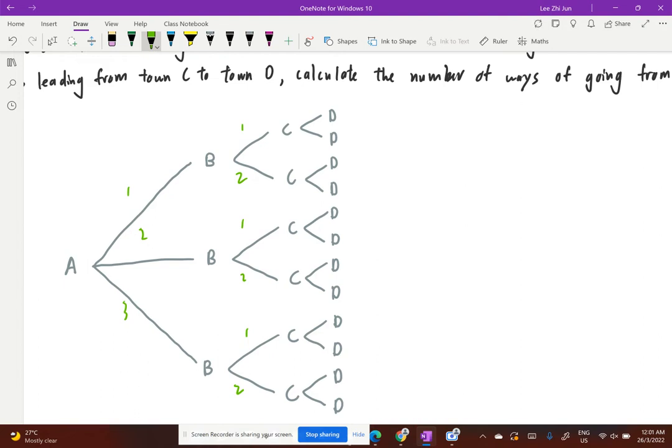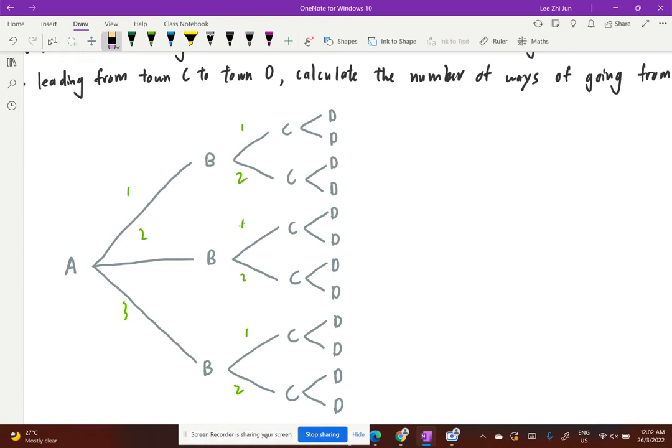If I go A to B using the first road, and B to C using the first road, then this 1, 2 means I go A to B by the first road, and B to C by the second road. Then I go from A to B using the second road, and B to C I can use either the first road or the second road, and so on.